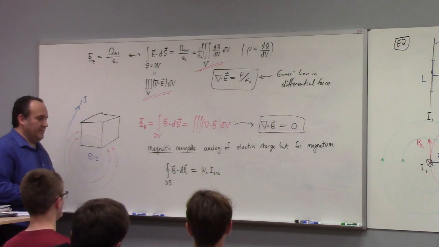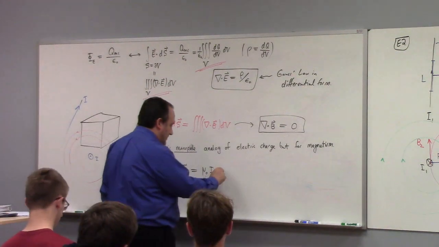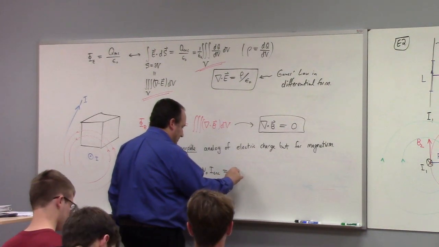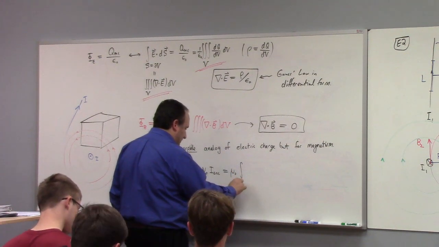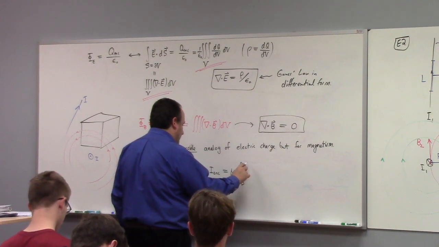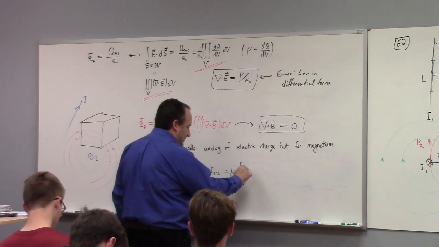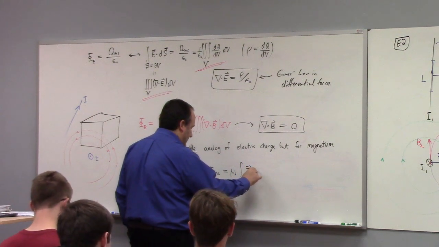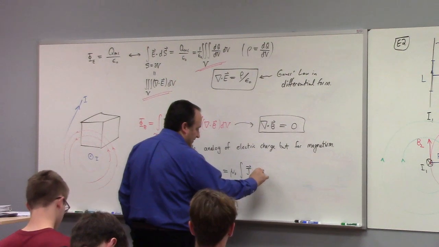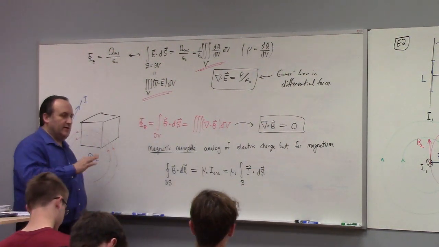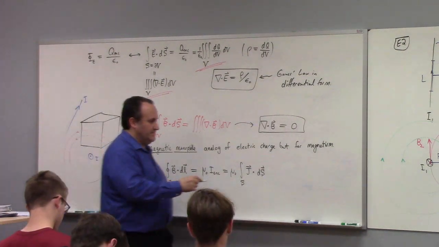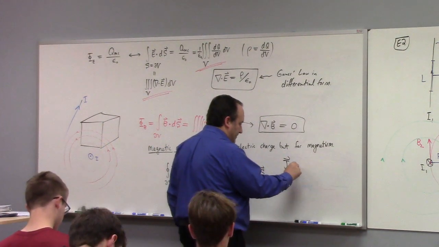Another way to write the enclosed current is mu naught times the integral over the surface of the current density dotted with the surface area vector. So J is the current per unit area. J is called the current density.